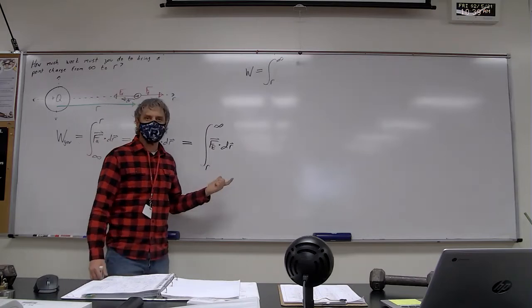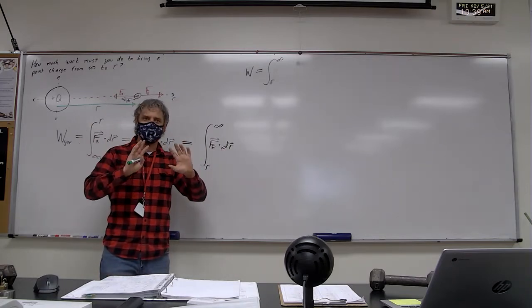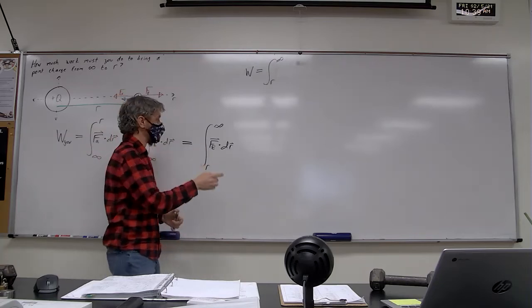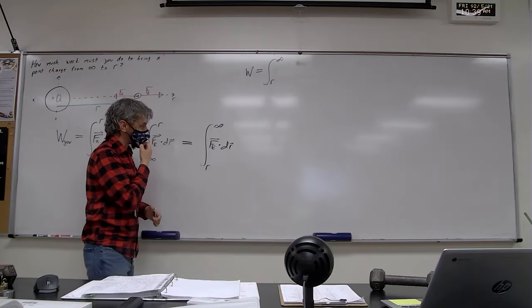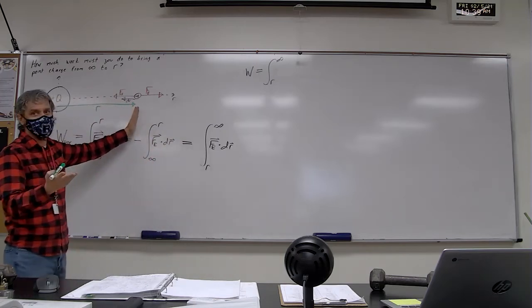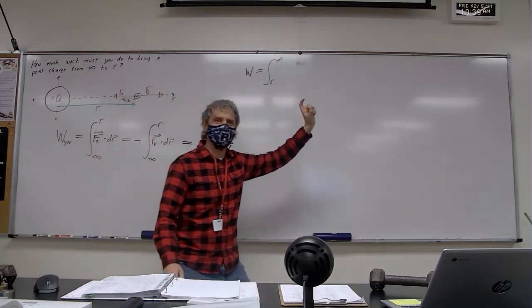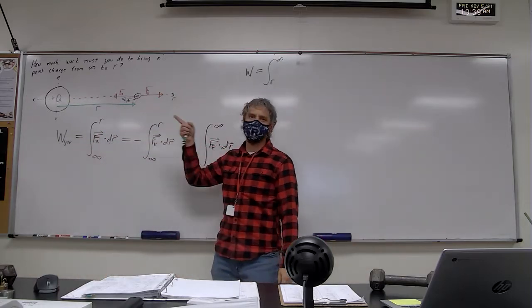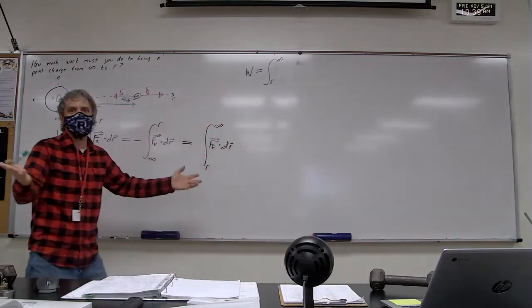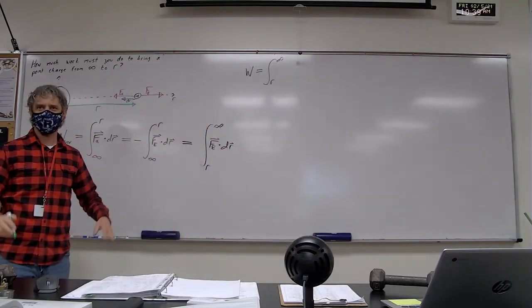But because the electric force is conservative, and this is the beauty that makes it very convenient, I can just assume, whether it's true or not, that I brought little charge q from infinity to this location in a straight line. It doesn't matter if you didn't do that, the net work is going to be the same as if you did.